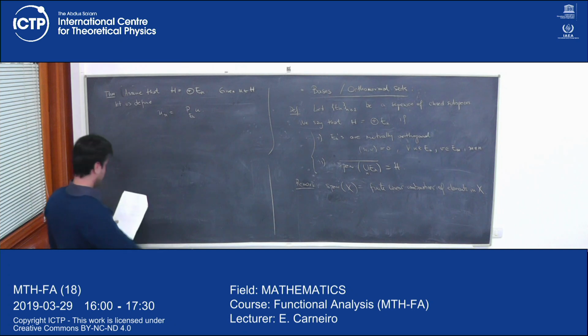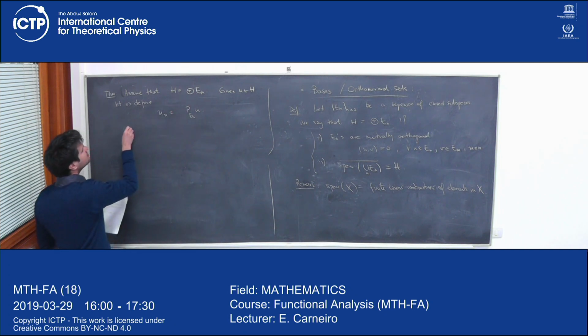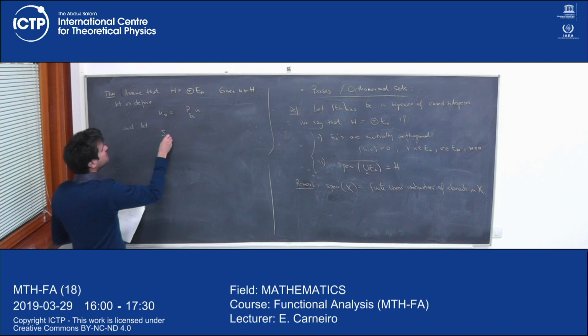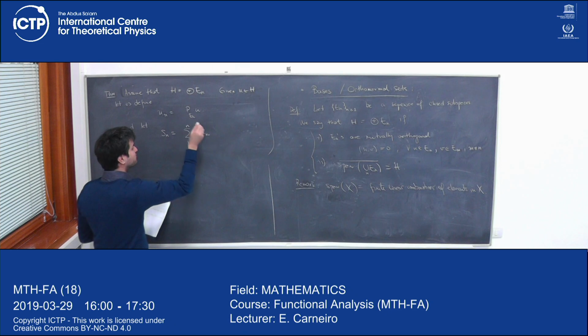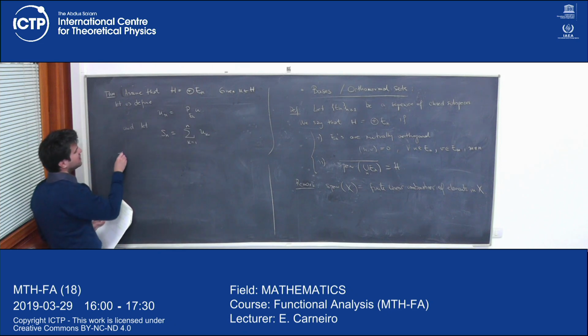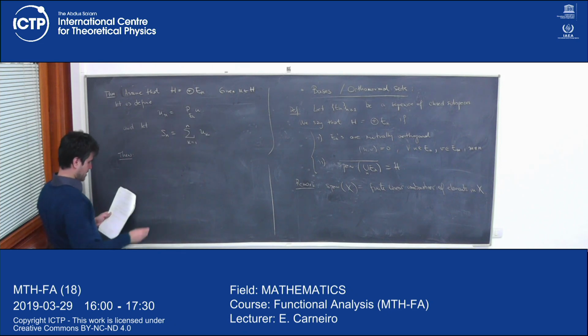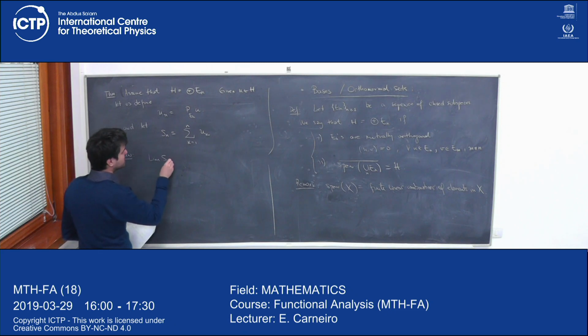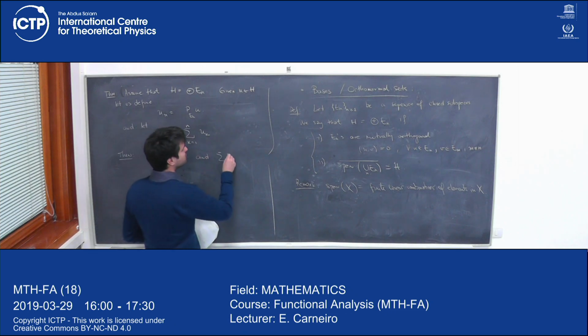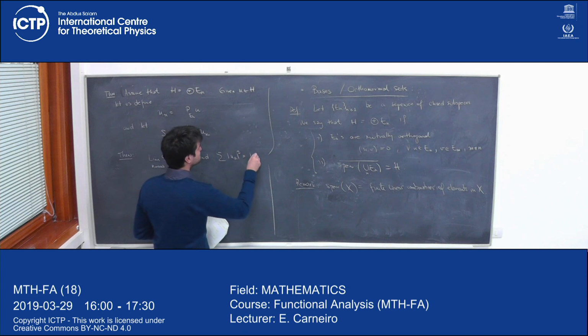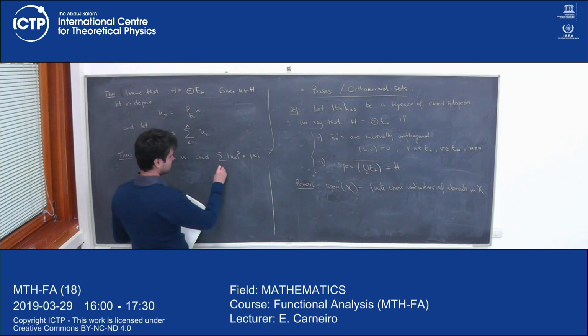And let S_n be the sum of the u_k, k from 1 to n, the sum of the projections. I claim the limit of S_n when n goes to infinity is equal to u, and the sum of the squared norms of u_k equals the squared norm of u. This is what's called Parseval's identity.